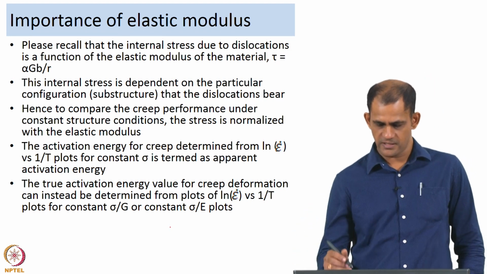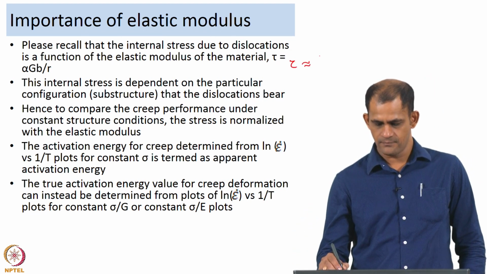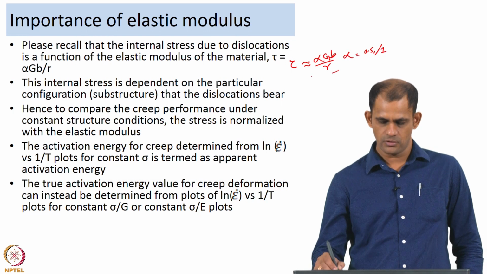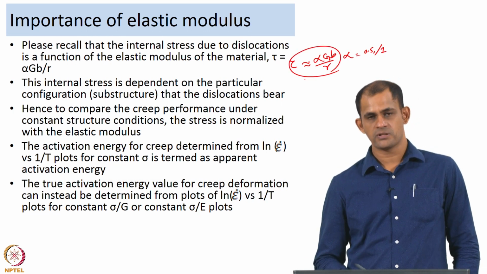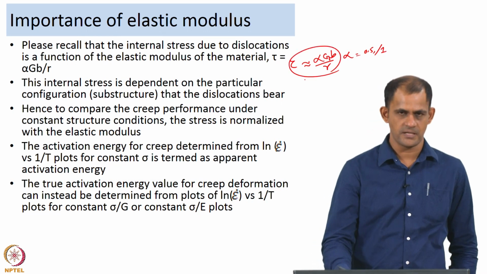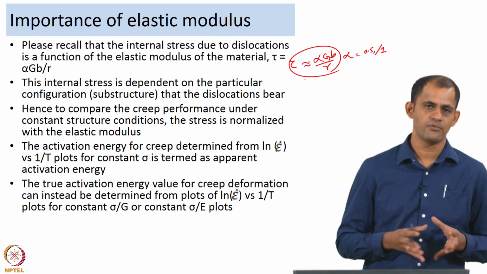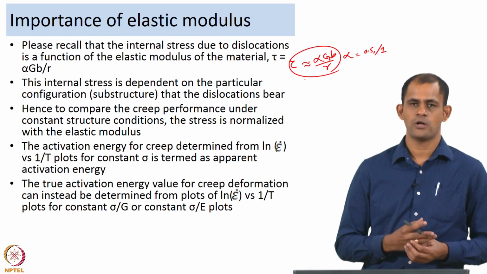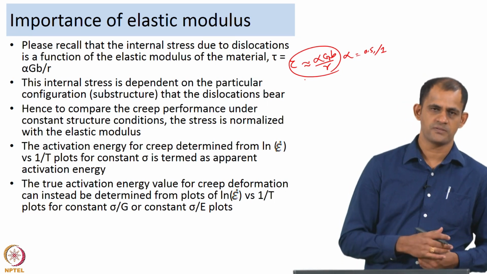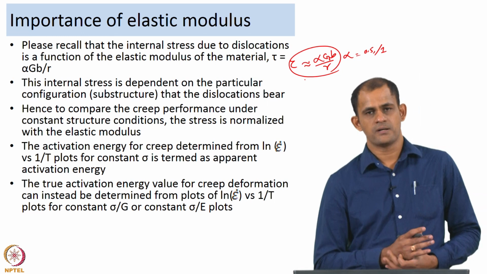Approximately, tau is some alpha G b by r, where alpha can be 0.5 or 1 or something like that. So you have a dependence on the shear modulus or elastic modulus of the material, and r is the distance from the dislocation. So, the dislocation force field is dependent on the elastic modulus of the material.